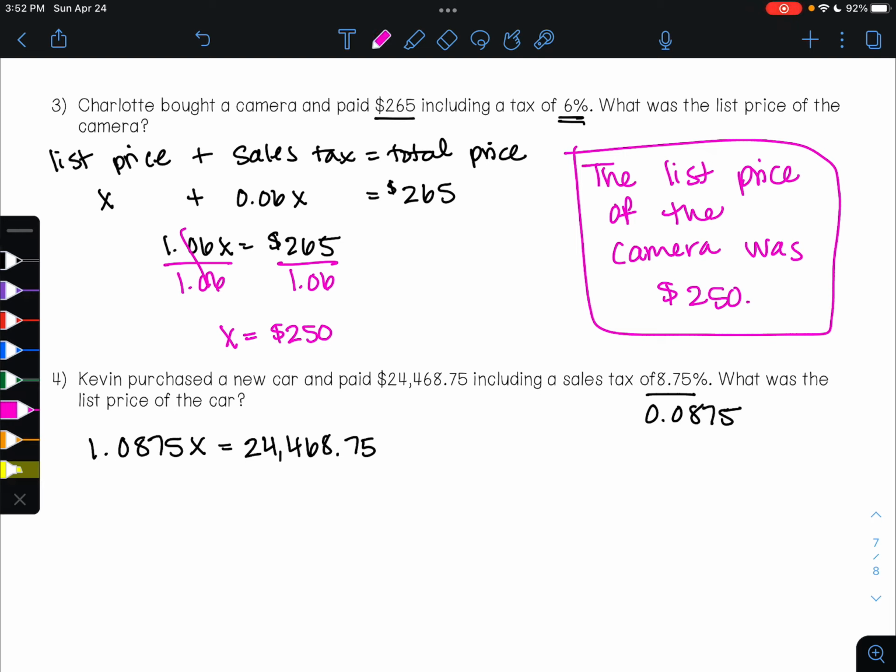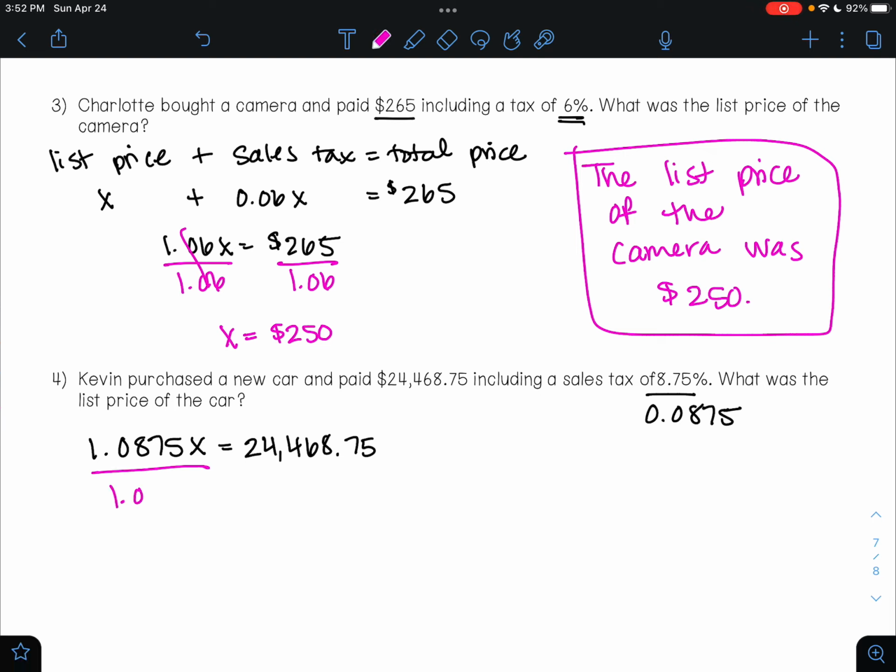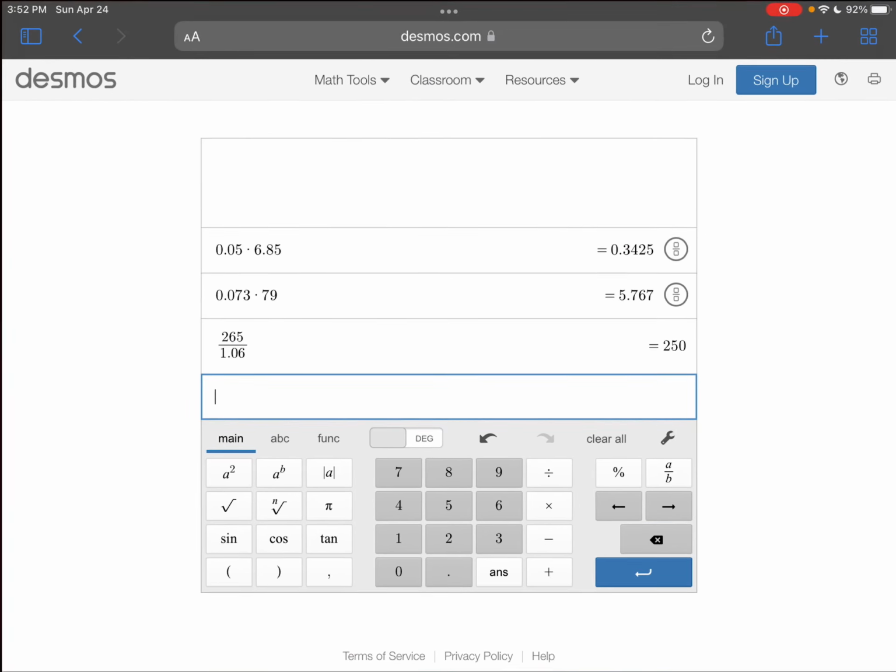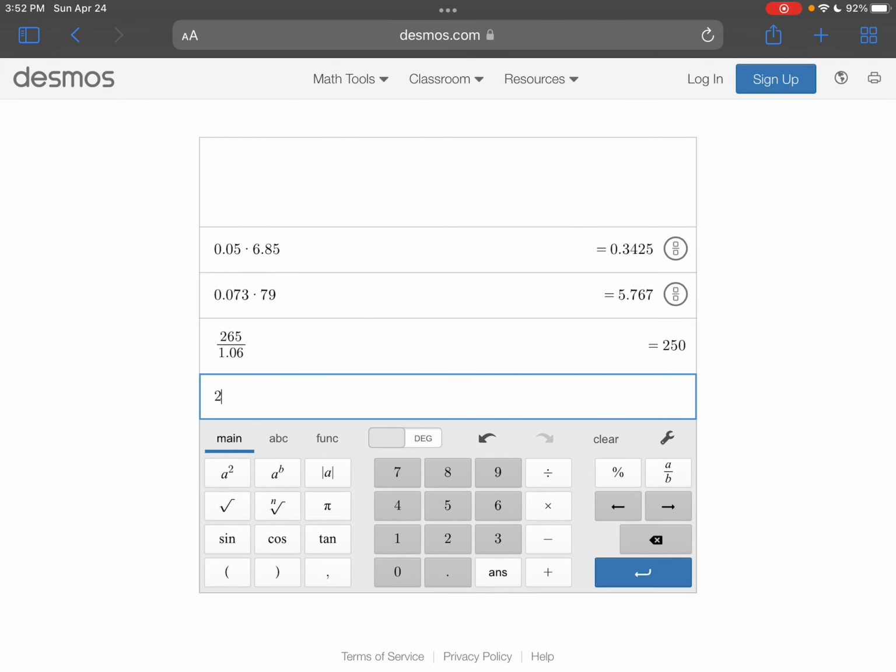And to undo multiplication, I can do division. And so that's going to give me x equals. And then I'll go over to my calculator and do 24,000. Remember, Desmos does not like commas, so don't use commas in Desmos.